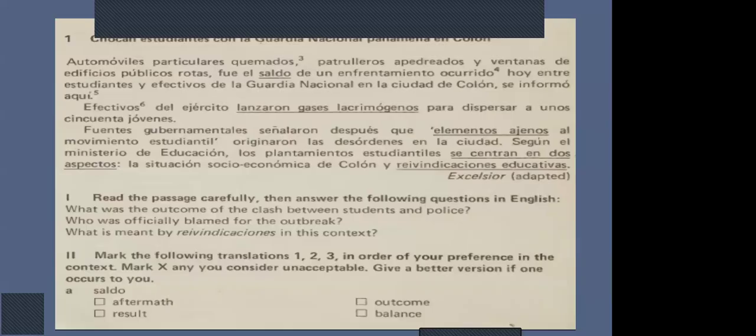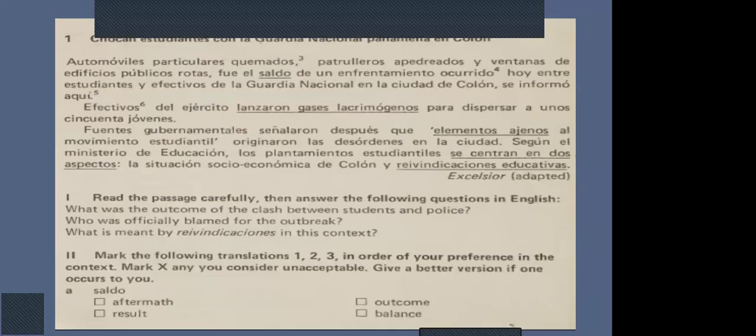Yeah, go on, please. Private cars, using the passive voice, private cars were burned. Police cars or vehicles were stoned. And windows of public buildings were smashed in clashes today between students and National Guard officers in the city of Colón.